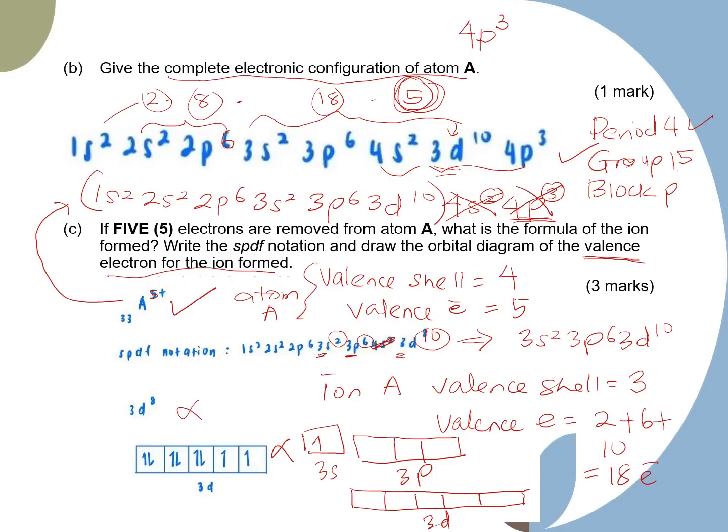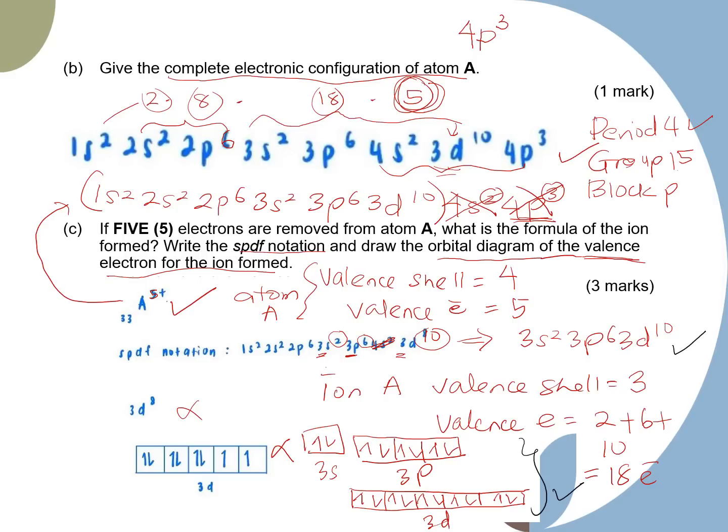So 2 in 3s, then in 3p, 6 electrons, and in 3d we have 10 electrons. So this is the answer for the orbital diagram of the valence electron and the SPDF notation.